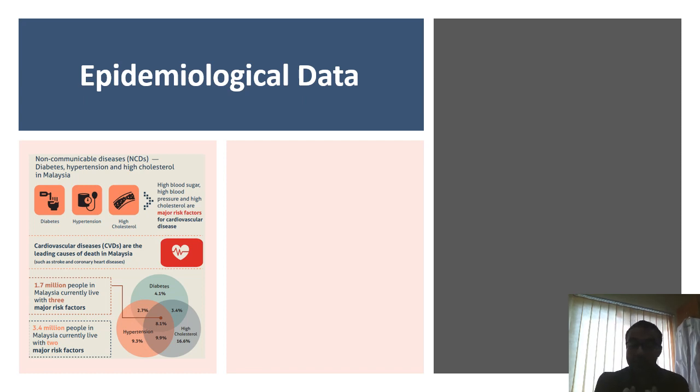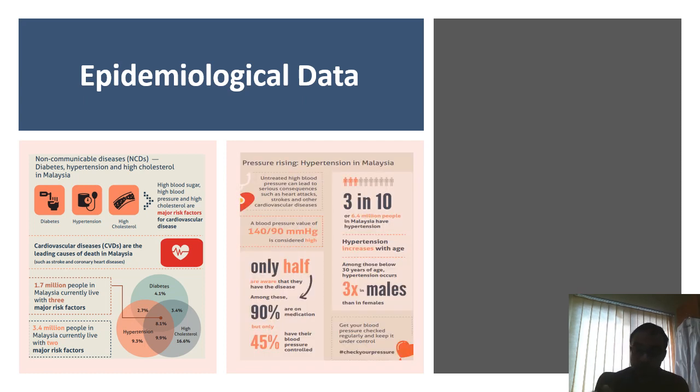The three factors together can affect up to 1.7 million, and at least two of them coexist in 3.4 million. This is in terms of cardiovascular risk factors. In terms of what is more specific to hypertension, the prevalence is about 30%, meaning in every 10 people we have 3 hypertensive.